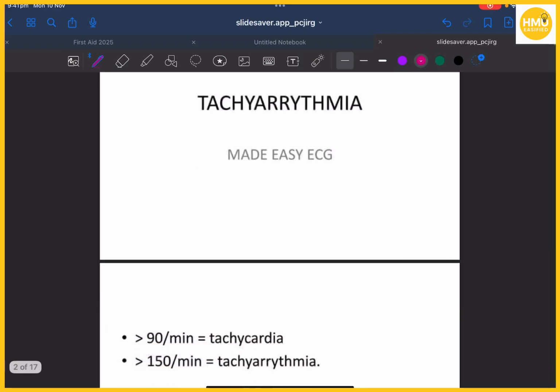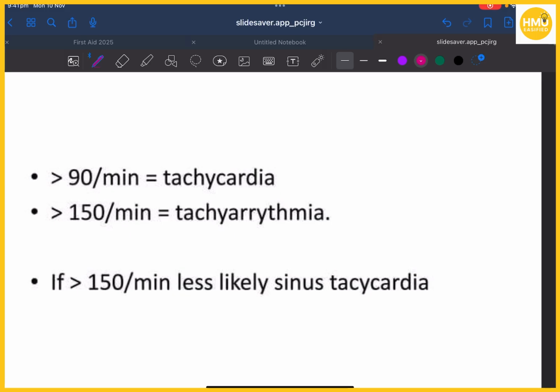Okay, let's start with tachyarrhythmias in general. When I say to the patient that you have tachycardia, most guidelines actually prefer 90, not 100. Okay, it's recent, but obviously most resources still believe it's more than 100.